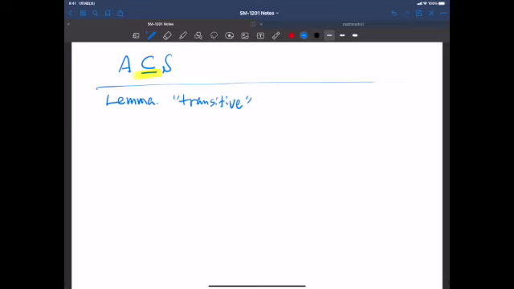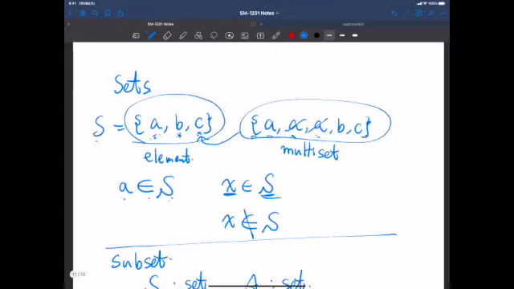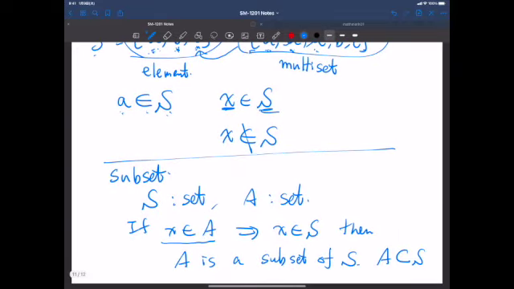So this means if A is a subset of B and B is a subset of C, then A is a subset of C. Okay, so let's go back to the definition of subset.